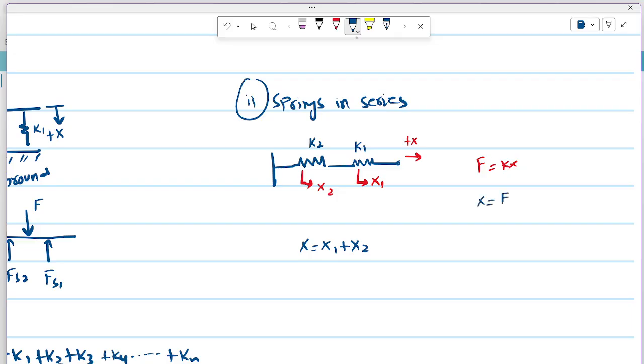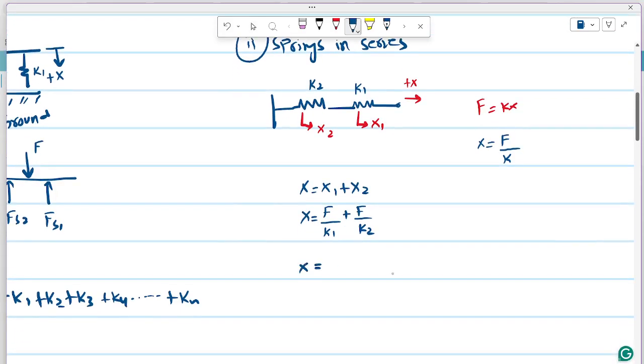We know that x equals F over k, so x will be equal to F over k1 plus F over k2, and you can write it as x equals F into (1 over k1 plus 1 over k2), or you can write x equals F into (k1 plus k2) divided by k1k2.